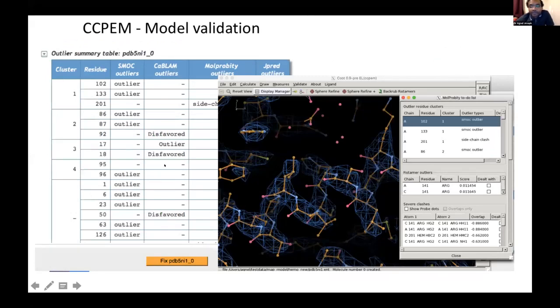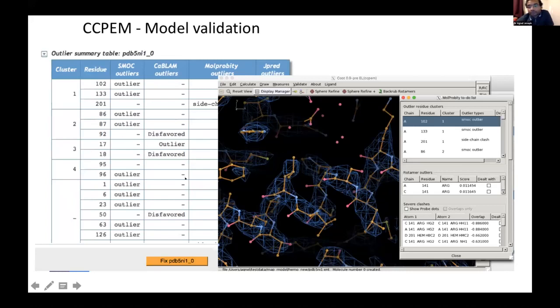So if you find large clusters, it essentially means that there's probably a region with serious issues in the structure, and it's probably a better idea to focus there first. It's quite common in cryo-EM structures to have a large number of outliers, which is expected working in slightly lower resolution areas.